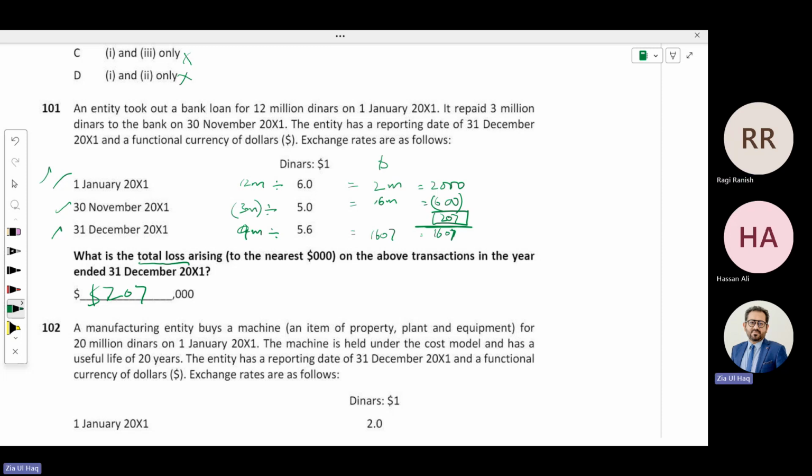You can calculate like this because at year end, we need to record a liability using this amount. What we were having at the start, what we have paid, and at the end we are having this. So the difference is covering losses for both the 3 million as well as the remaining 9 million that changed.